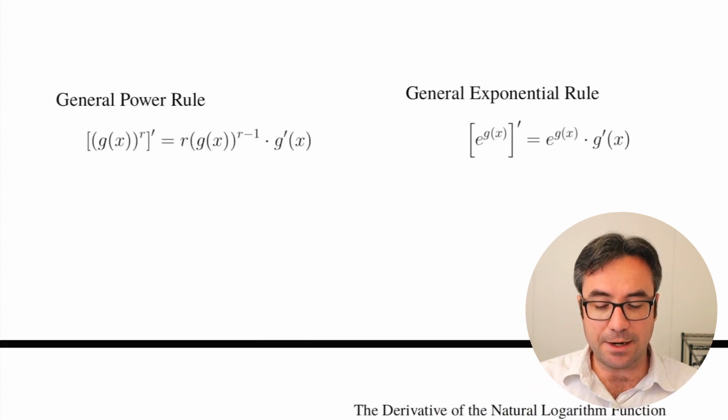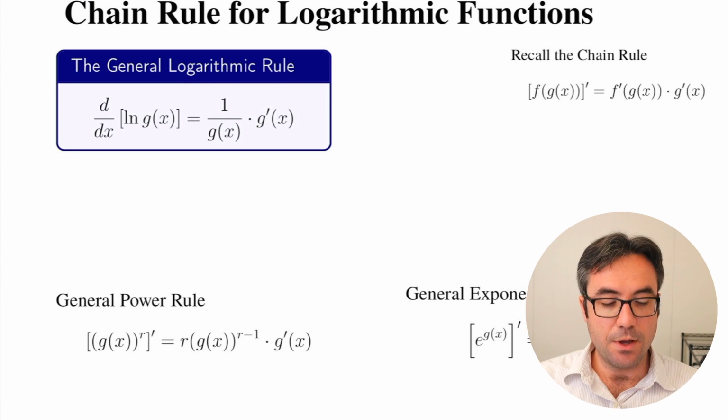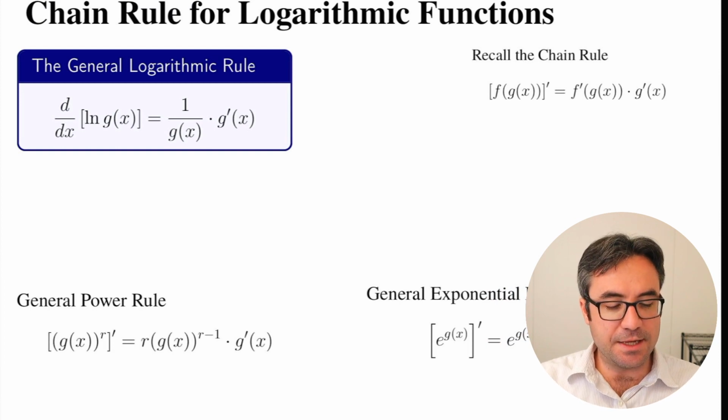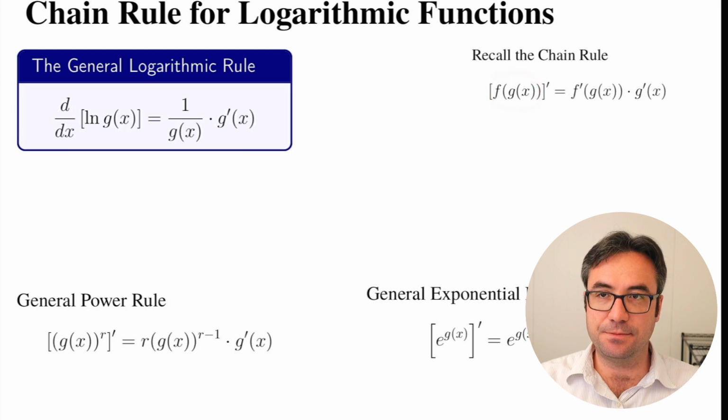And so if we go back, if we remember our chain rule, it says to differentiate a composition, it's the derivative of the outer with the inner function plugged in times the derivative of the inner function.